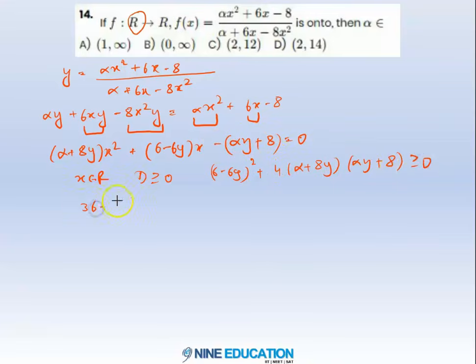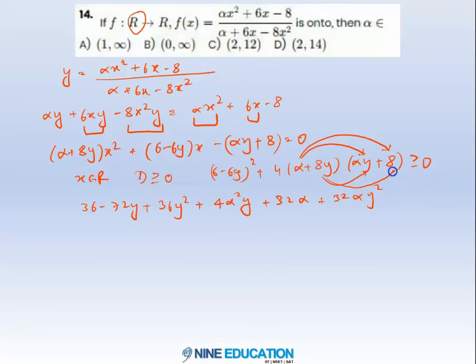So this is 36 minus 72y plus 36y square, and 4 times of this: alpha into alpha y, that is alpha square y, then again alpha into 8, that is 8 alpha into 4, 32 alpha, then again 8y into alpha y, that is 8 alpha y square into 4, 32 alpha y square, and finally 8y into 8, 64, 64 into 4, that is 256y has to be greater than or equal to 0.